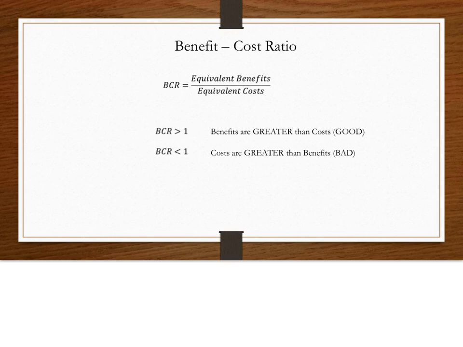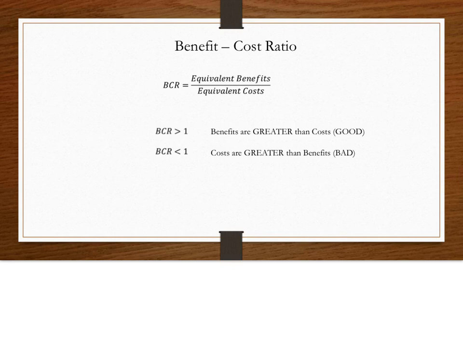Lastly, we have the benefit-cost ratio. This method simply gives you a quick glance at whether your alternative is beneficial or not. You can then use this qualifier to compare to other alternatives. So you simply convert your benefits and your costs to the equivalent time, whether it be present worth or an annual net benefit, and you divide the benefits by the costs.